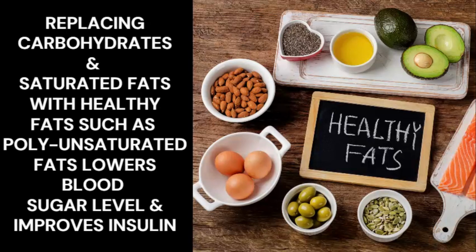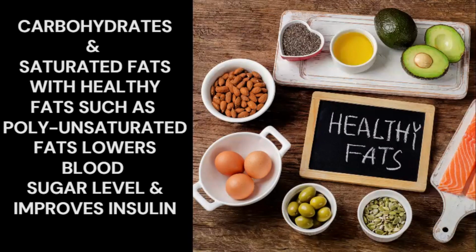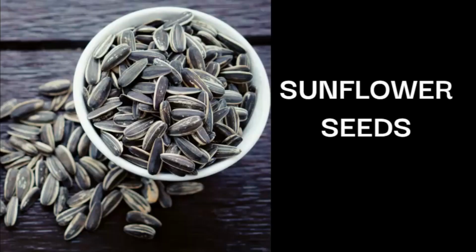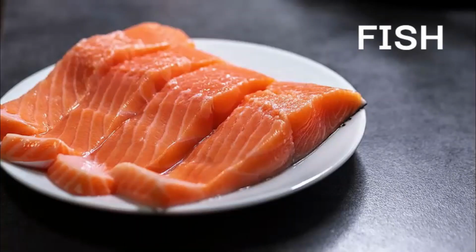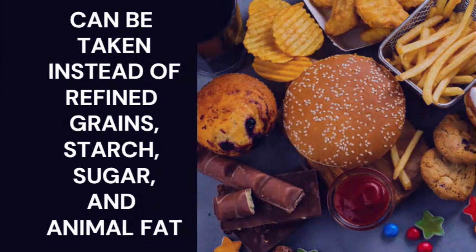Replacing carbohydrates and saturated fats with healthy fats such as polyunsaturated fats lowers blood sugar levels and improves insulin. Walnuts, sunflower seeds, soybean, flax seeds, fish can be taken in place of refined grains, starch, sugars, and animal fats.